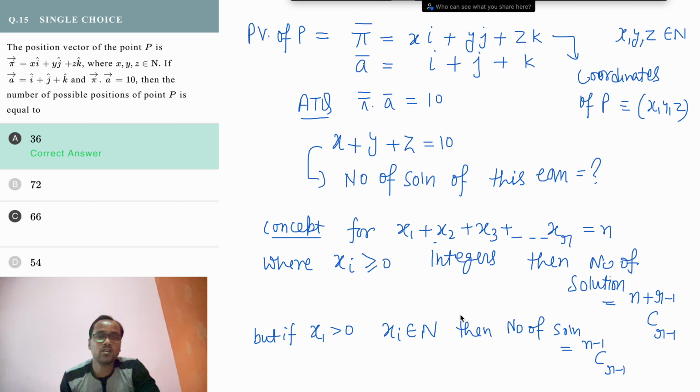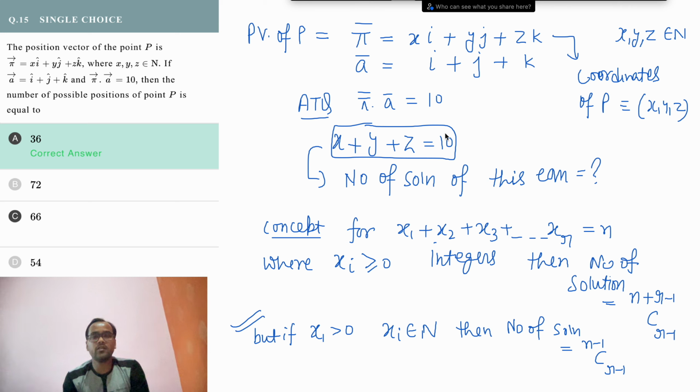So in this equation, x, y, z are all natural numbers. So they are strictly greater than 0, not equal to 0. So if x1, x2, x3, x4 are natural numbers, then the formula for the number of solutions is n minus 1 c r minus 1. So here also we will be using the same formula, the second one.